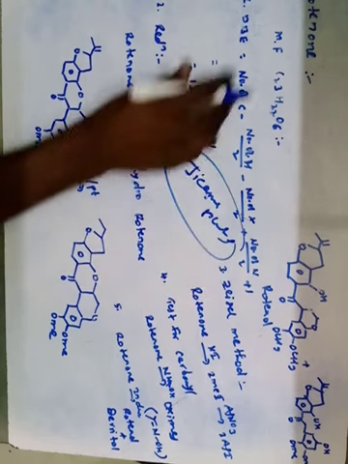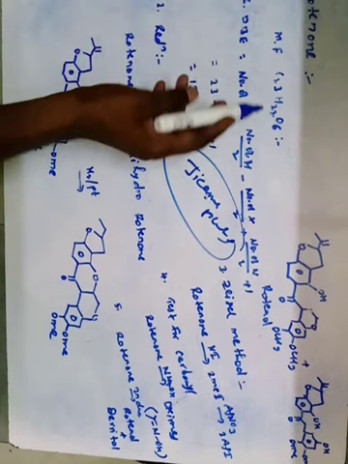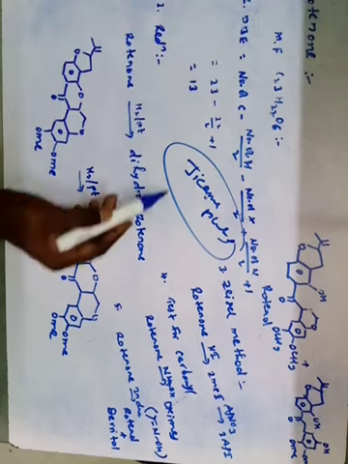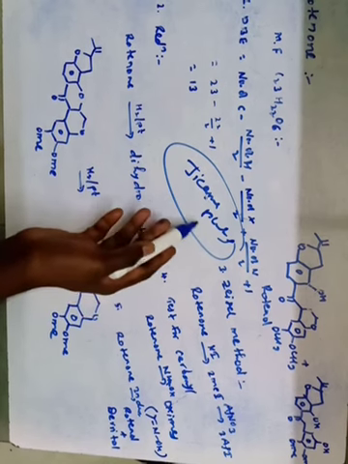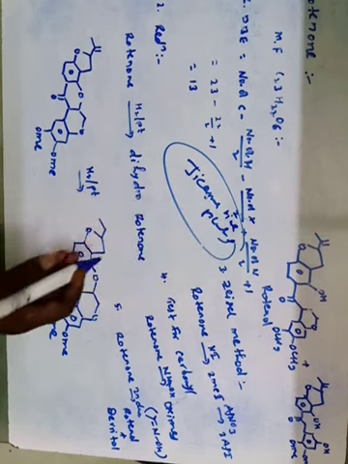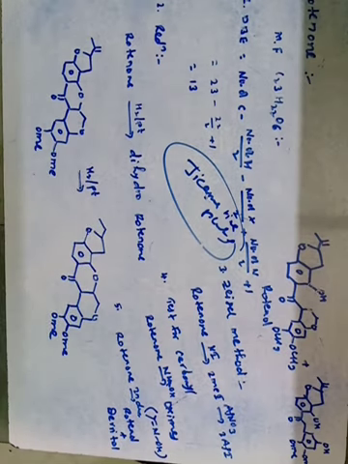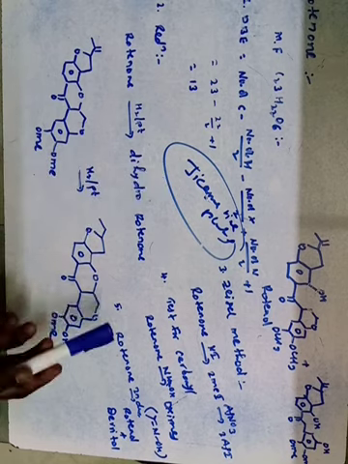Rotenone is available in the Jamaican vine plant. This is the structural determination of rotenone. Now we are going to discuss how the rotenone structure is synthesized.